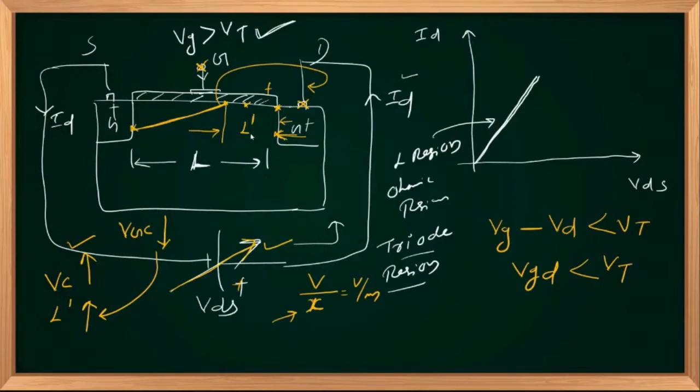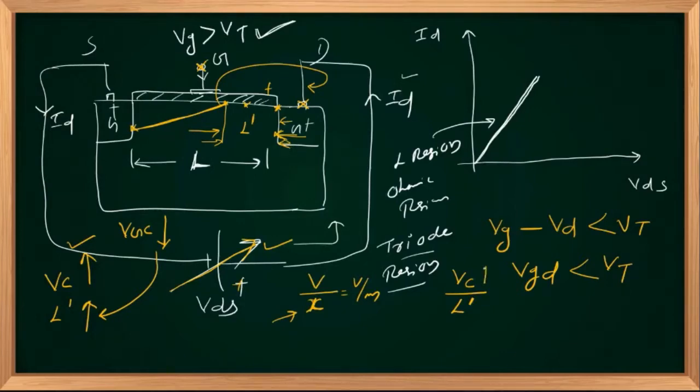If L dash increases in the same manner as my channel voltage, my electric field at each and every point in the channel, let me call it VC upon L dash. L dash is the distance the carriers have to travel, that is the depletion region.